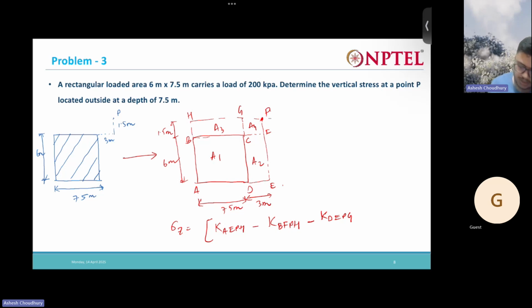Okay, so this A4 area got deducted twice, so just once we have to add this, plus K CFPG. All right, because this is a stress arrangement, and below one corner we know how to find it. So this is how we can use that concept to determine this.